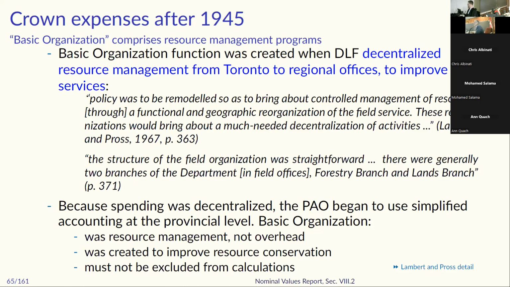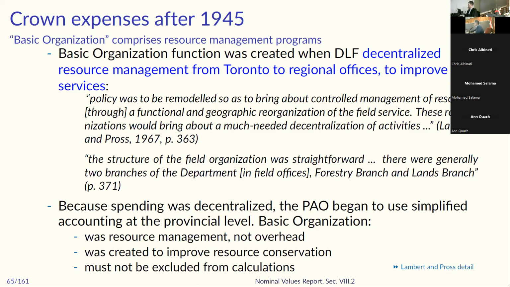A lot of that was happening. There were separate branches that handled some elements of that, but when it came to providing those services in the field to the forest within the various areas of the province, it was forestry branch in the district offices that were handling those things. And you get that from the PAO?